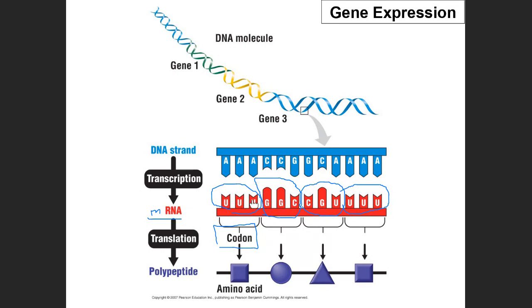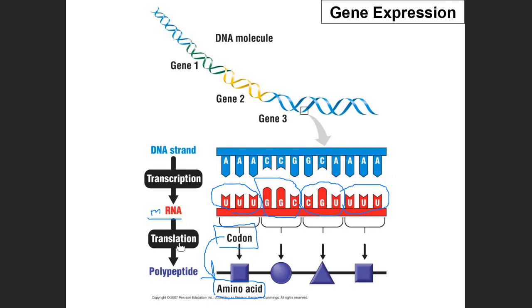In other words, it'll read this base triplet, then it'll shift down and read this base triplet, and read this. The reason for that is because it was discovered each codon codes for any one of 20 amino acids in the human body.